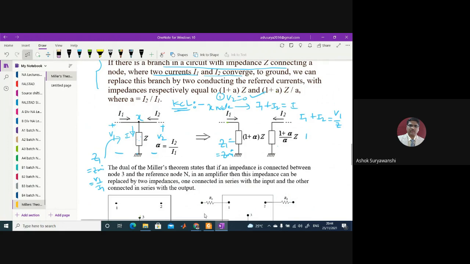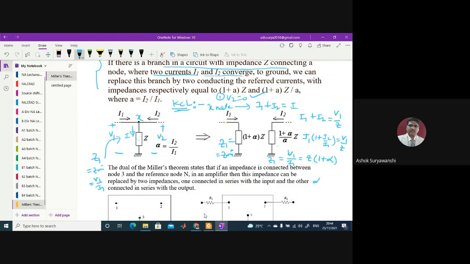Let us keep I1 outside, and inside the bracket it will be 1 plus I2 by I1, which is equal to V1 by Z. Now simplify this for V1 by I1. So Z1 equals V1 by I1, meaning I1 is taken to the right side and Z is taken to this side. So this will become Z into 1 plus I2 by I1. So what is I2 by I1? I2 by I1 is the current gain, which is alpha, right?